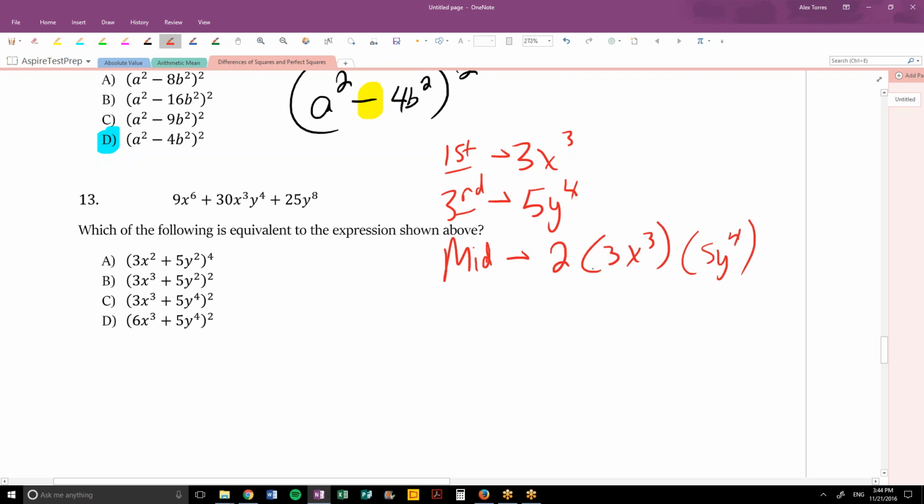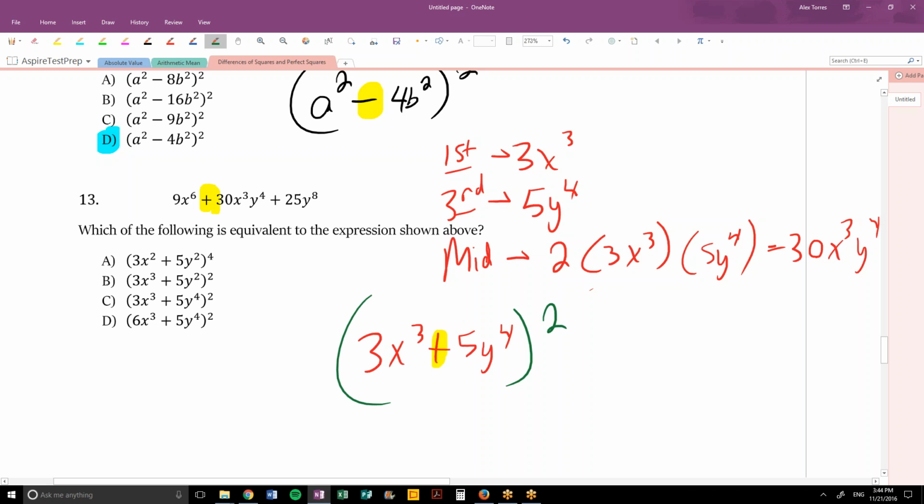It is, because 6 times 5 is 30 x cubed y to the fourth. So the trinomial will factor to 3x cubed plus 5y to the fourth. Notice that there's a plus sign in the middle, so we go with a plus sign, and it's all of that squared. So our answer here is choice C.